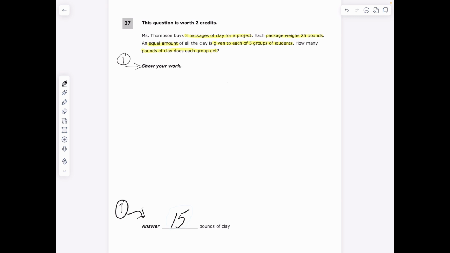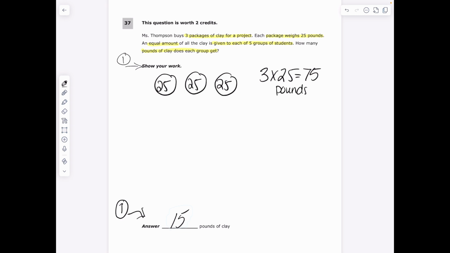All right, so she has 3 packs of clay, and each of them has 25 pounds. So you could have done 3 times 25 is 75 pounds of clay. So that's the first thing. You want to see how you're going to get to 75, whether you're doing a drawing or you're using a number sentence. They need to see that. And then she's going to give every single group of students an equal amount, given to 5 groups.